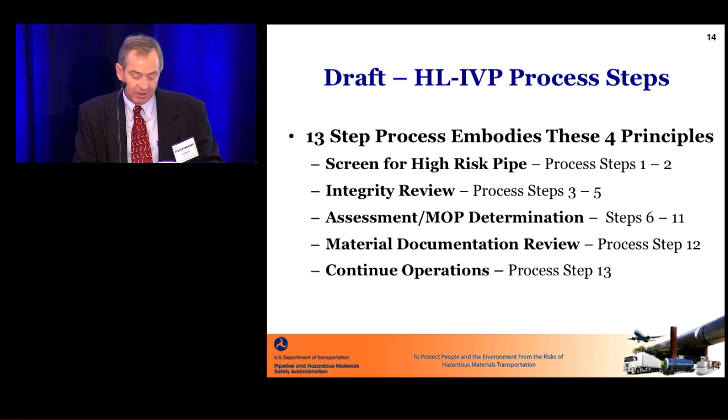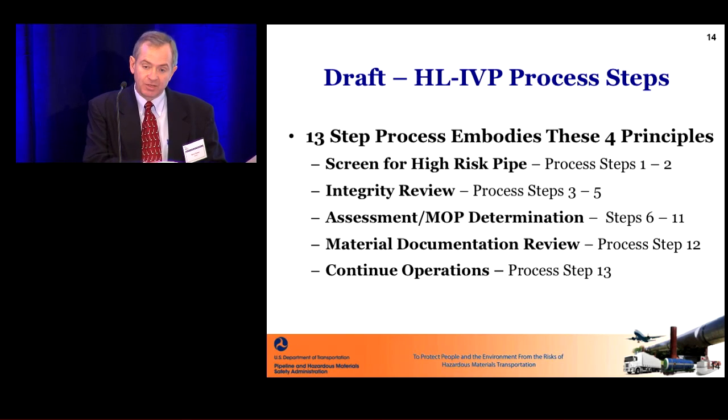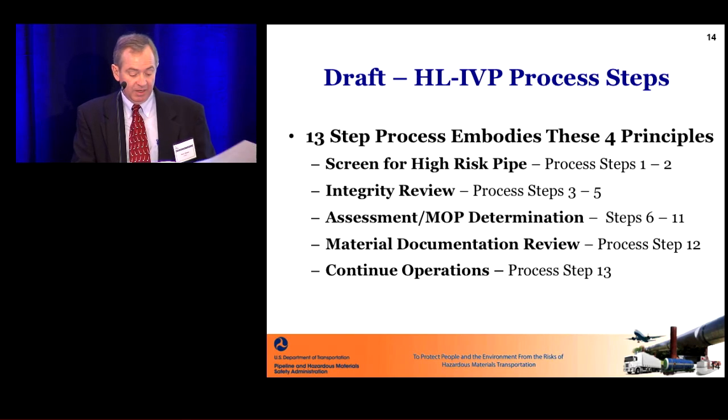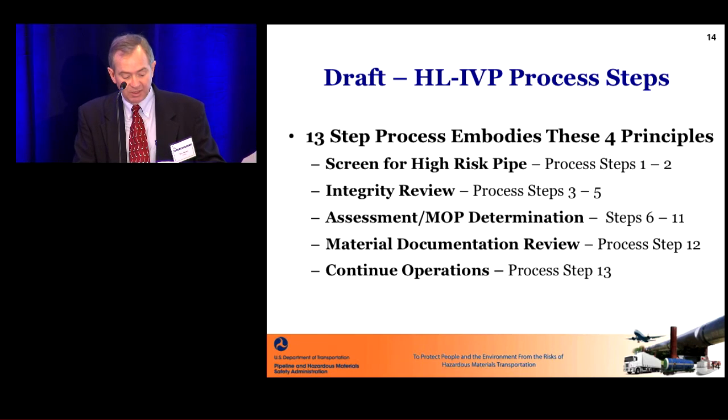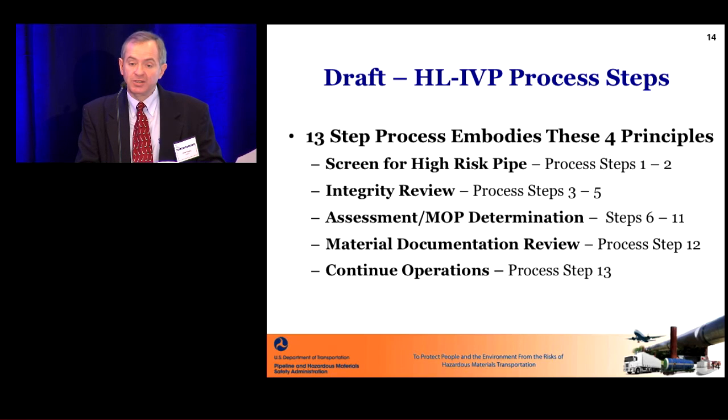After that's completed, you do your material documentation review. I would hope that would be part of your assessments as you go through. And then once you complete that and everything's acceptable, you could continue operations. And of course, depending upon what the threat was, what the concern was, you would need a process of when and if you need to reevaluate, how often.